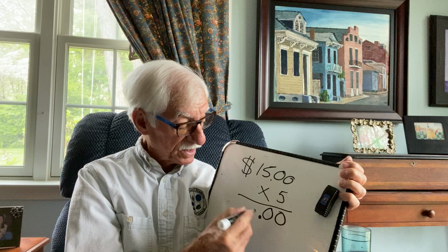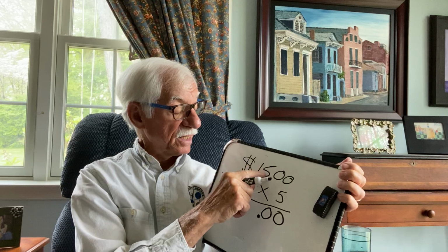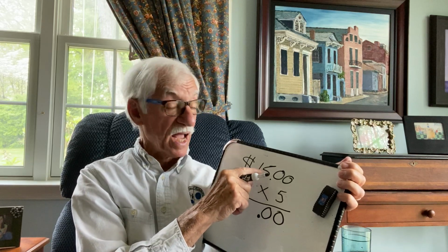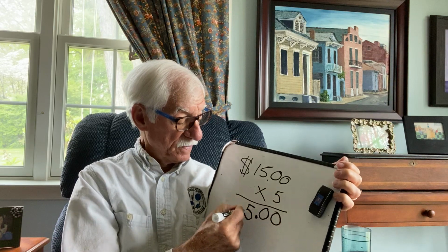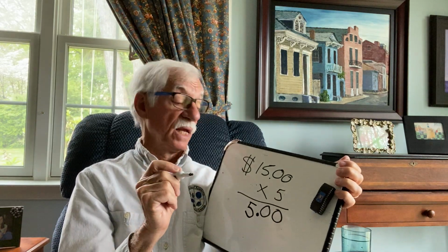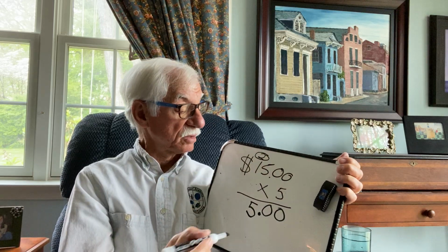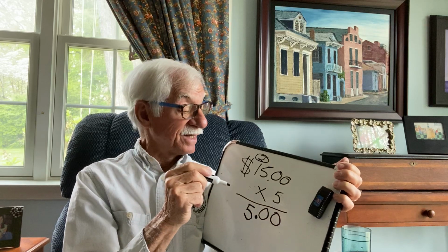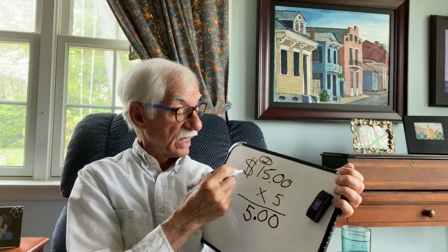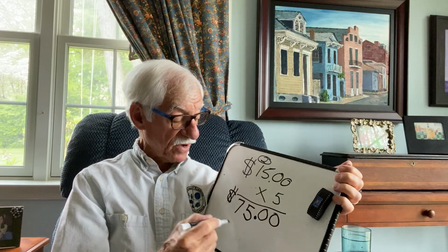And you've got to put that decimal there so you know it's money. 5 units times 5 units in dollars is 25. And 20 units is 2 tens. That becomes my notation. 5 units times 1 ten is 5 tens, and 2 is 7. So my answer is $75.